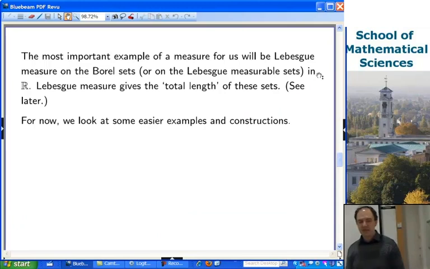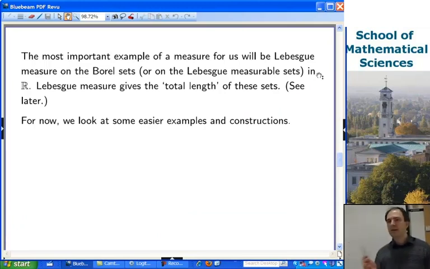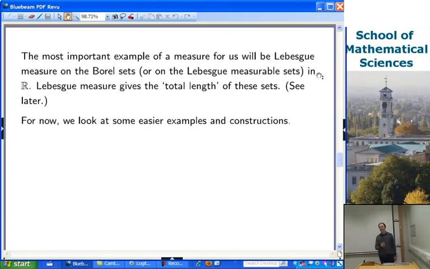So we don't have Lebesgue measure yet, but I've told you a little bit about it. The idea is that, in 2 dimensions, you want area of as many sets as possible, and at least you can do it for the Borel sets. And in 3 dimensions, you want to get volume for as many sets as possible, and at least you can do it for the Borel sets, and you can do it for a few more.